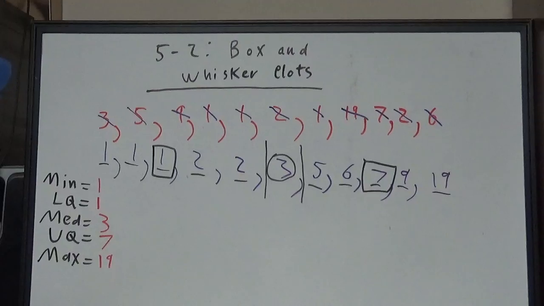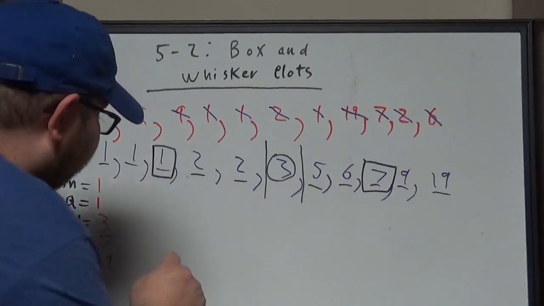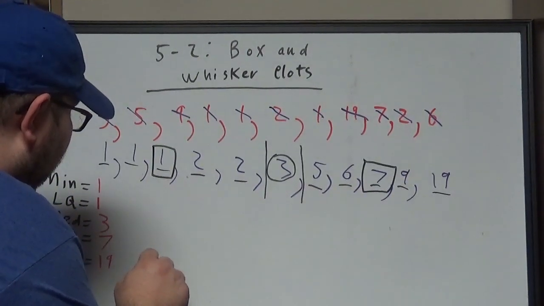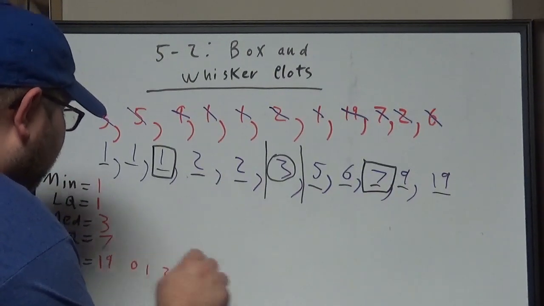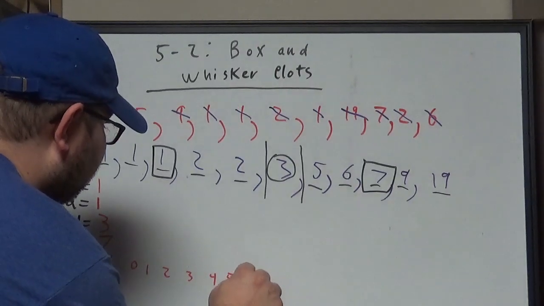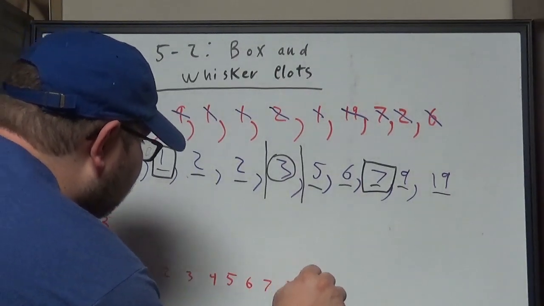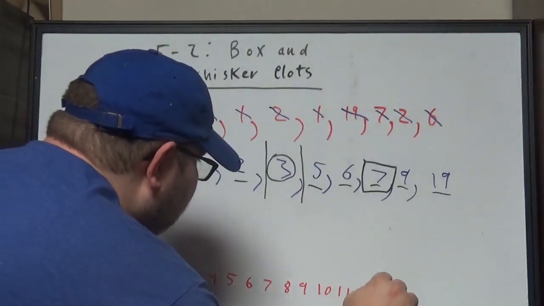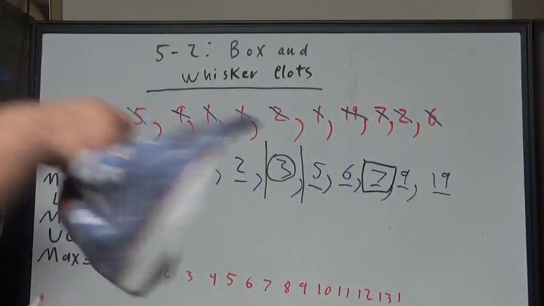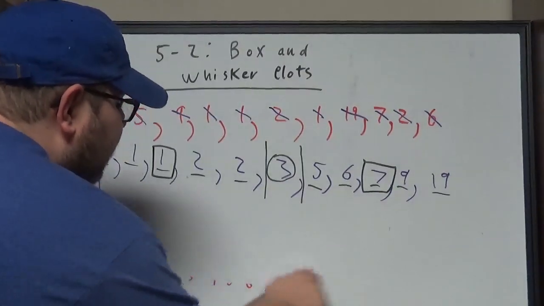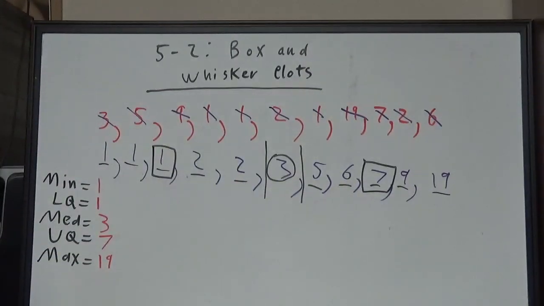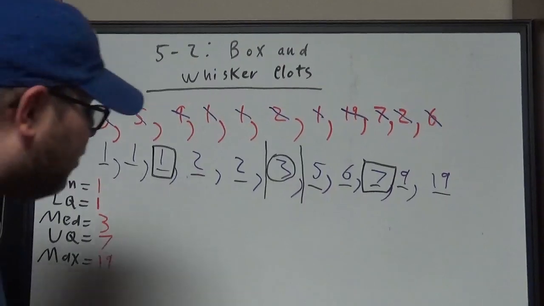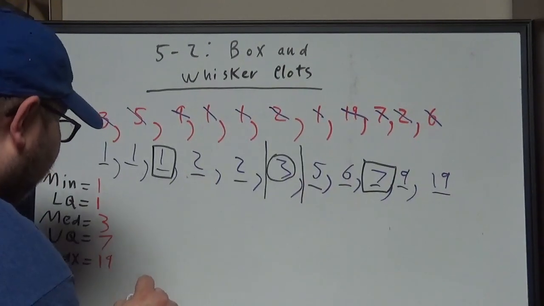First thing, we're going to make a number line. No, sorry, 0 actually. 5, 6, 7, 8. Okay, I'm going to redo my number line. So what I'm going to do, I'm going to number it by 2s, just because I don't really have a lot of room.